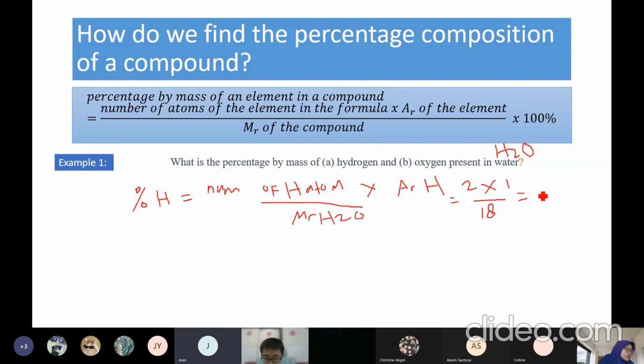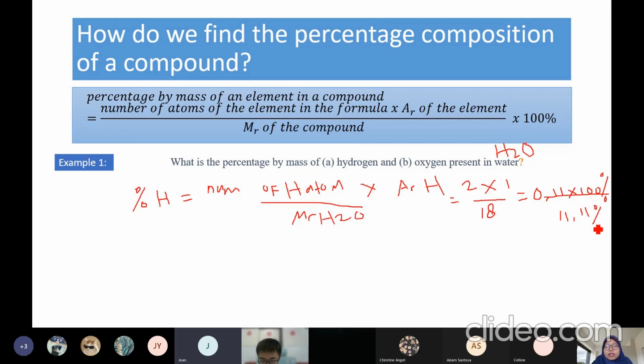2 divided by 18 is 1/9, times 100%. That is 11.11111%.